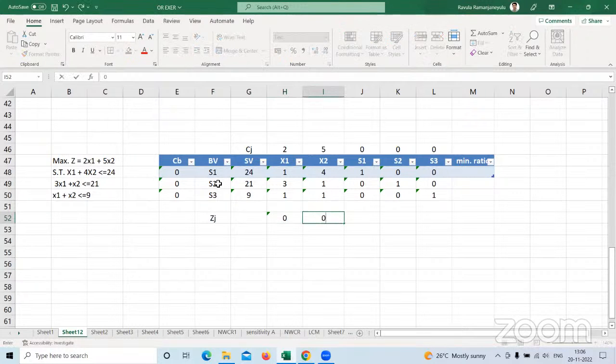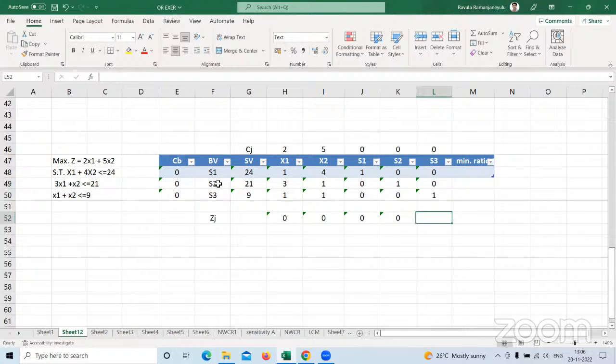Sir, only one S1 we have to take, sir? The other ones are 0 S1, 0 S2, 0 S3, like that. S1 is 1s1 for the first equation, because we added the slack variable for the first equation. For the second equation, we add s2 as a slack variable, so 1s2.